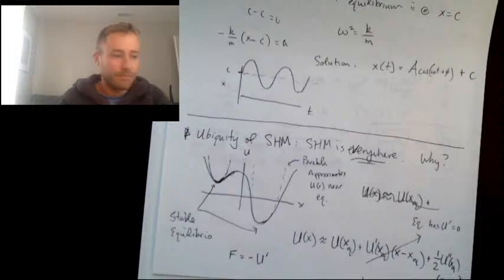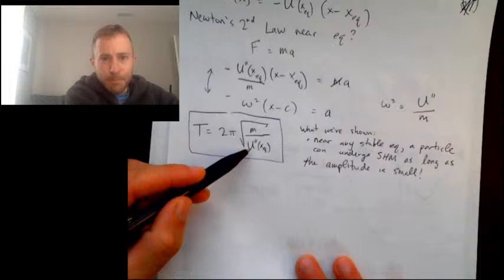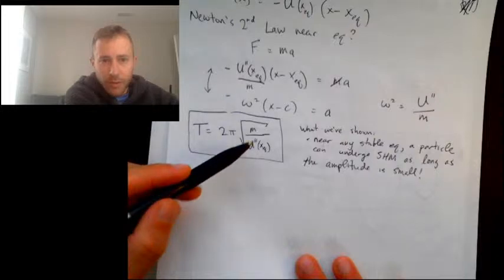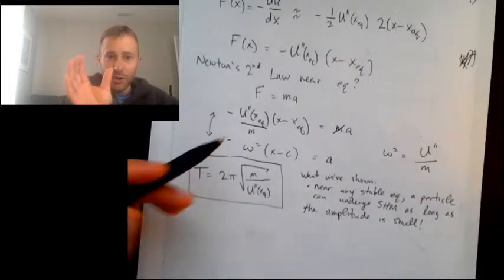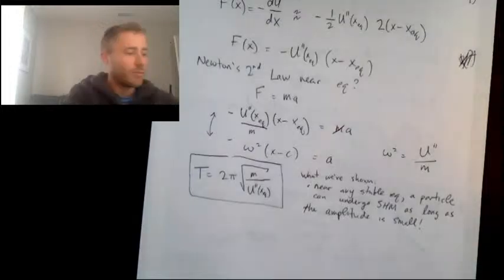That's what we've shown, which I think is really neat. And we can see that the period of the oscillation is related to the second derivative of the potential, which is basically the curvature. So the more sharply curved the potential is at the equilibrium, the greater the period will be.